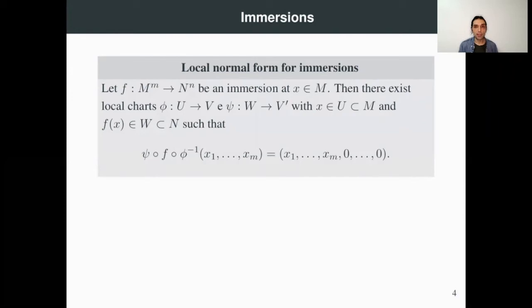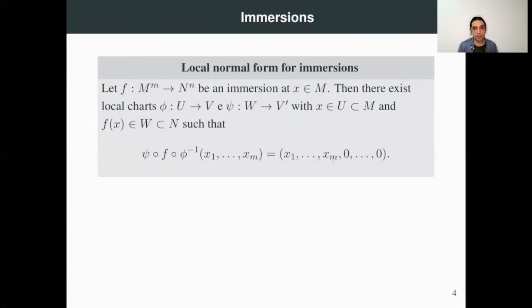What the theorem actually gives us is local charts phi and psi, such that phi is defined in a neighborhood of x in the manifold M, and psi is defined in a neighborhood of f of x in the manifold N, such that the expression of f in these two local charts is this very, very simple map in which the vector x1, x2, ..., xm is sent to the same vector, and then here n minus m zeros.